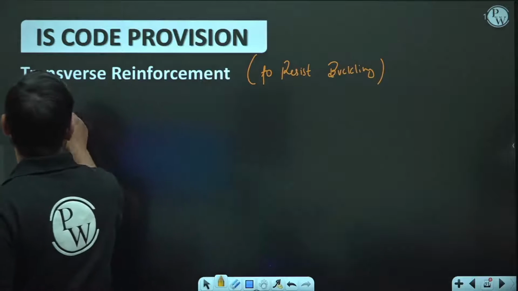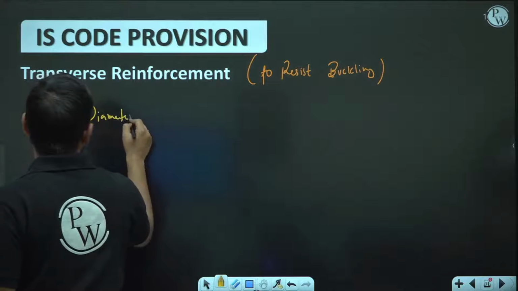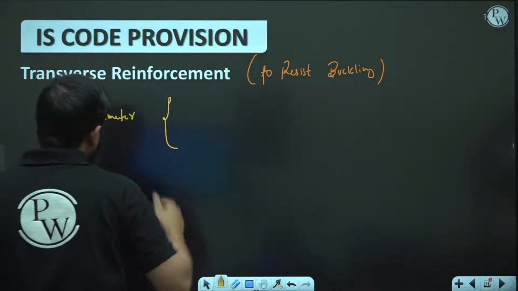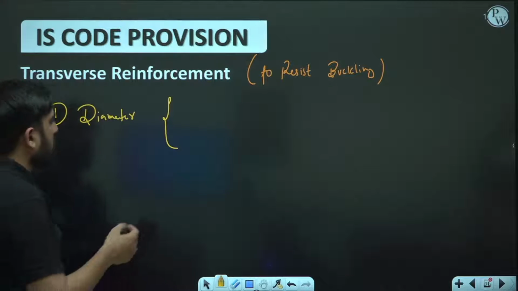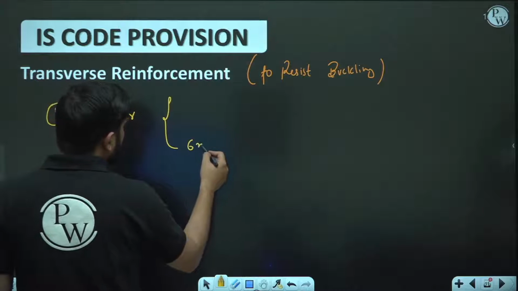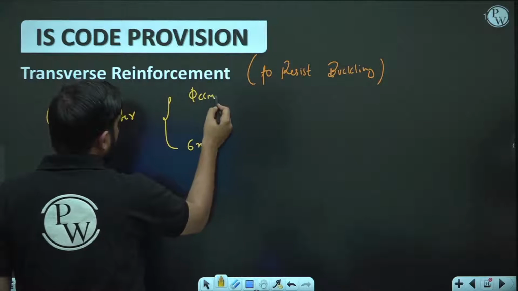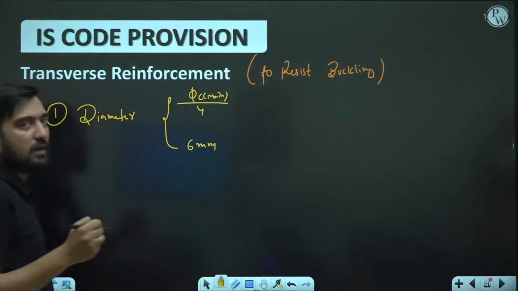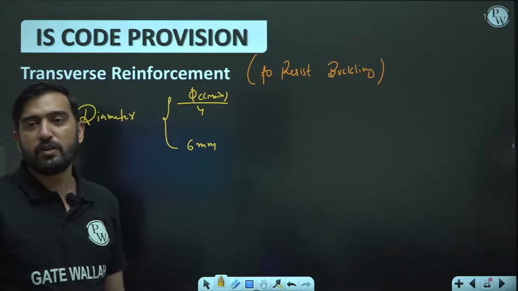So the diameter of transverse reinforcement, in any case, should be the maximum of these two: 6 mm and phi c main by 4. So longitudinal bar diameter by 4 or 6 mm, whichever is greater.